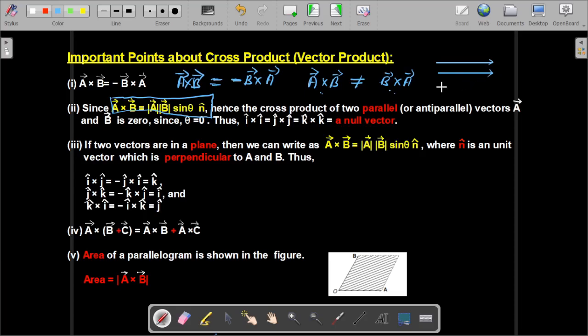And if they are opposite to each other, they are anti-parallel. Suppose this.